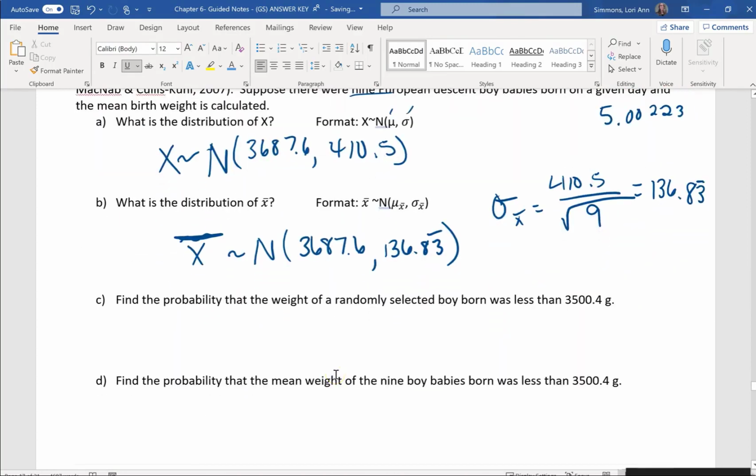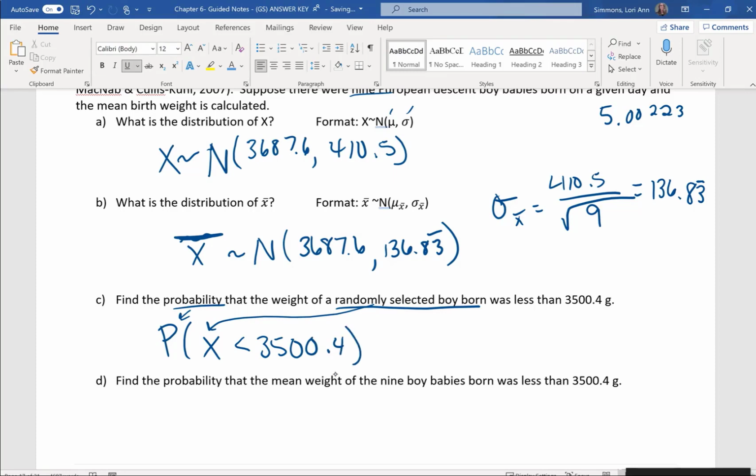So let's find the probability that the weight of a randomly selected boy. So right away, I'm not seeing mean baby boy, just a randomly selected boy. Probability that x was less than 3,500.4. The good thing about this notation is that we can just use information from part A to figure it out, which we've done before.